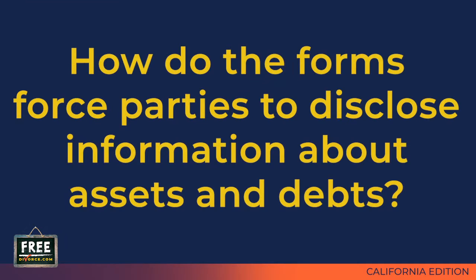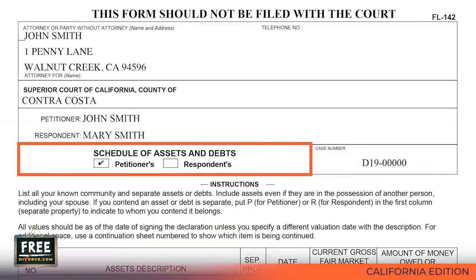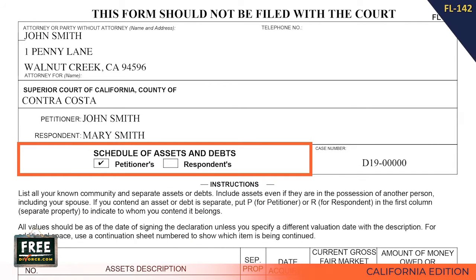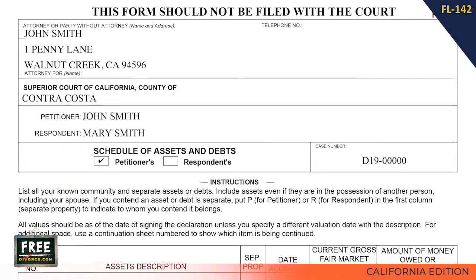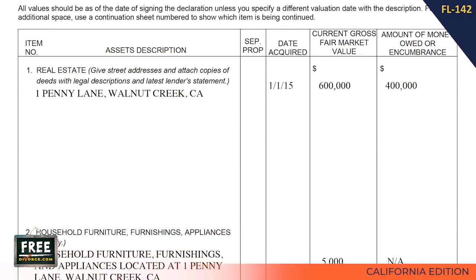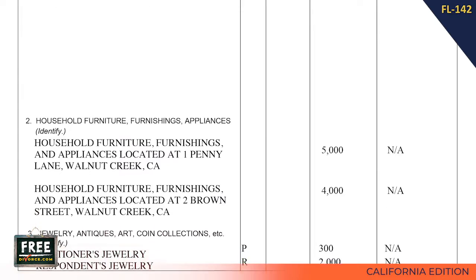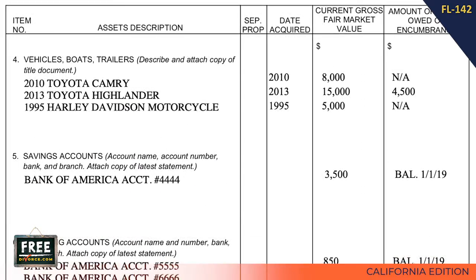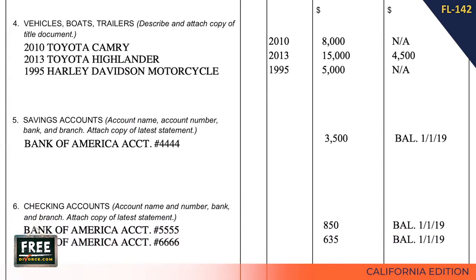Well, how do the forms force parties to disclose information about, say, assets and debts? Well, one of the key disclosure forms is called the Schedule of Assets and Debts. That's FL 142. And on that form, you will list all of your assets, indicating the amount each asset is worth and whether the assets are community property or separate property.